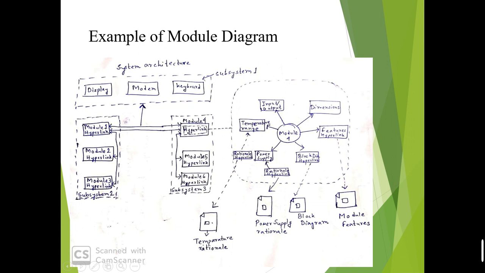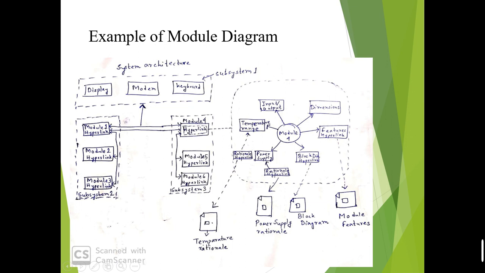If I zoom in on the hyperlink of module 4, then this hyperlink actually gives you the large or the entire details of the module 4. That is, module 4 consists of input output, temperature range, block diagram, power supply, features, hyperlink, dimensions, all the things are there.